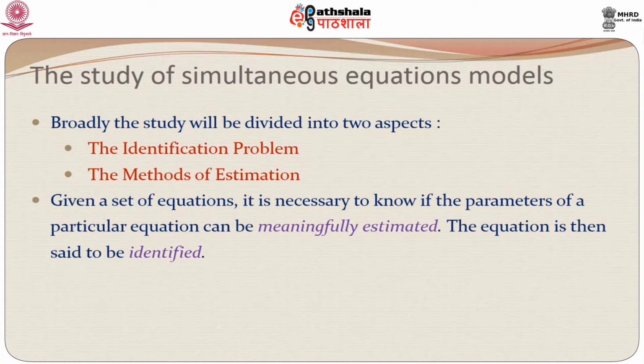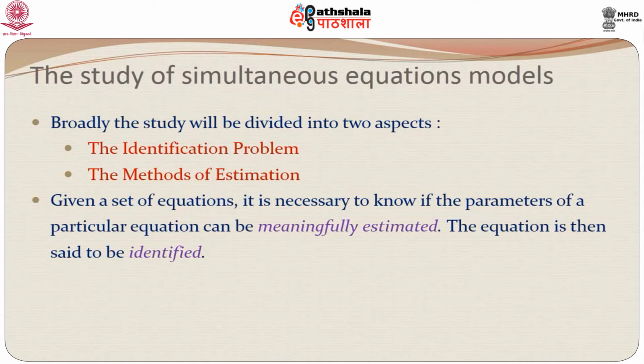That is because, as we saw in the previous lecture, we can have a slope which may stand for the demand function, which may stand for the supply function, or maybe a convex combination of the two. In that case the slope does not meaningfully estimate any one single equation, and hence we need to first identify the equation properly so that we can relate the slope to a particular equation.